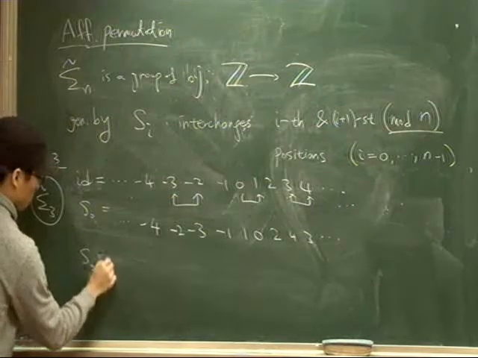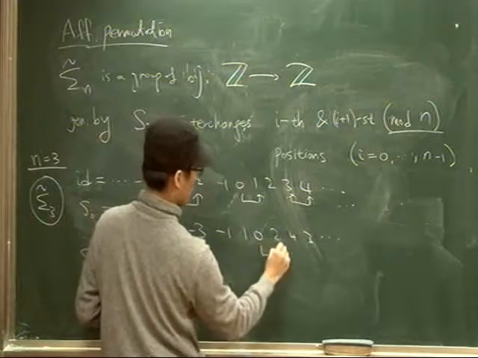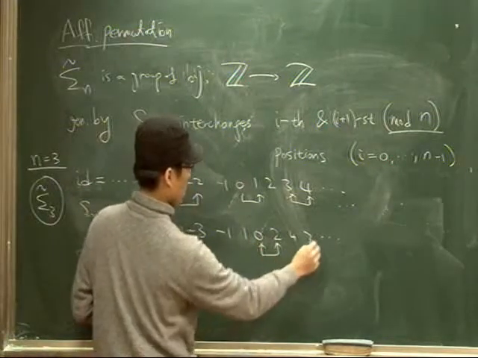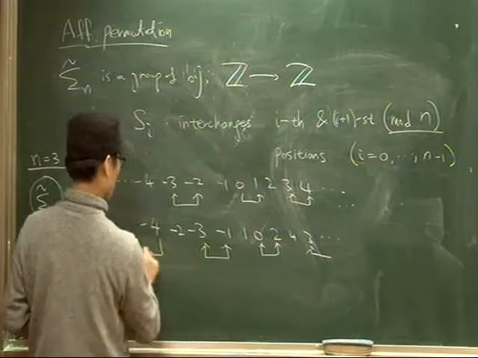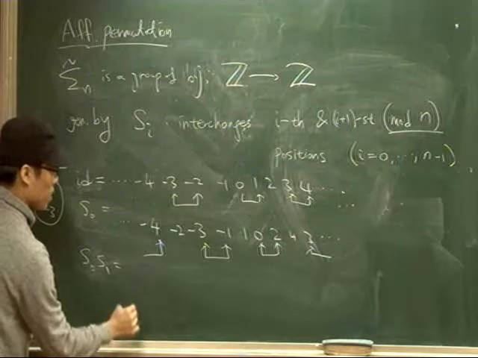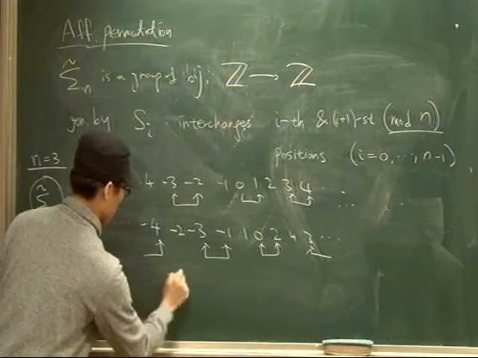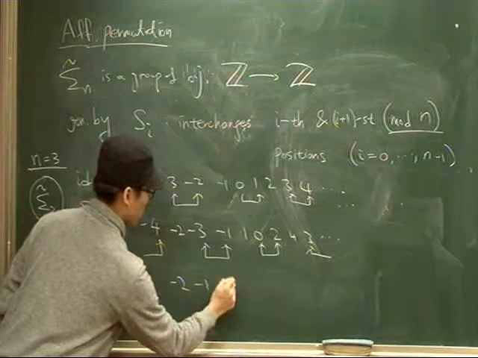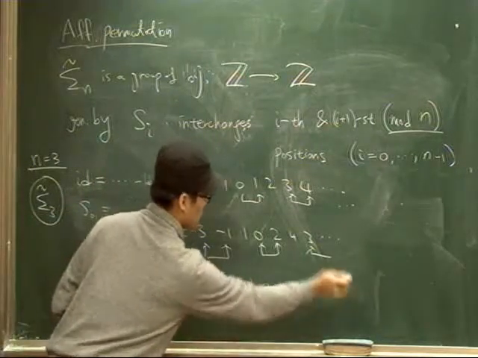And s_0 s_1 interchanges this and this and this. So s_0 s_1 is going to be -2, -1, -3, 1, 2, 0, 4.